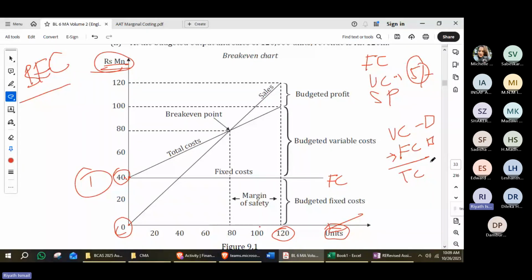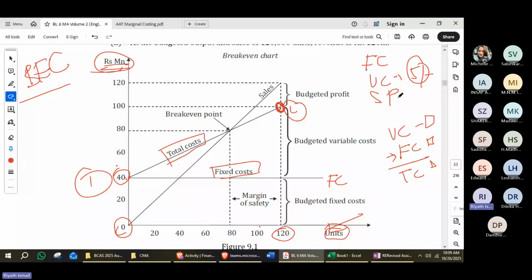Then we can get the total cost. So that point is here. Here we got point 1 and point 2. Then by connecting these two, we can draw a line. That line represents total cost. Already here we have drawn the fixed cost line and total cost.